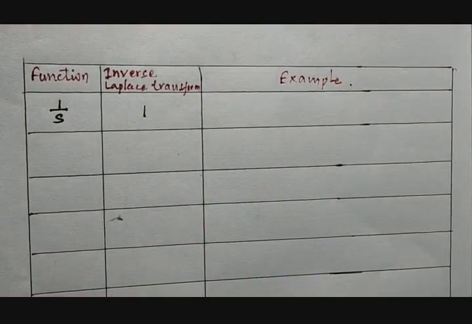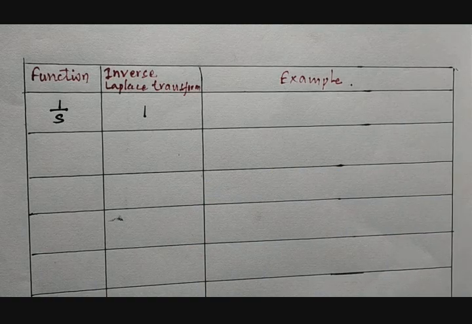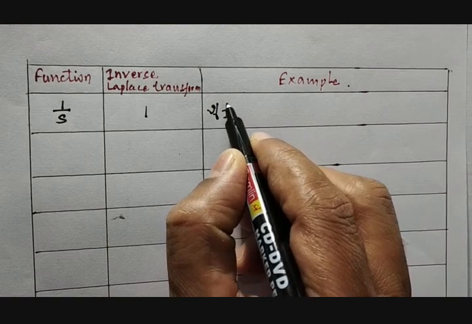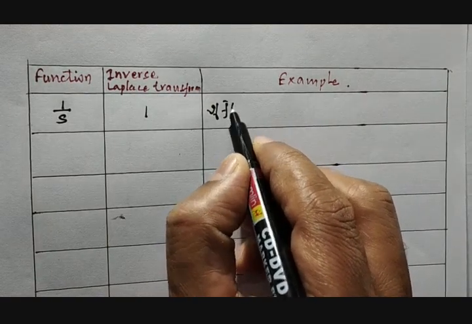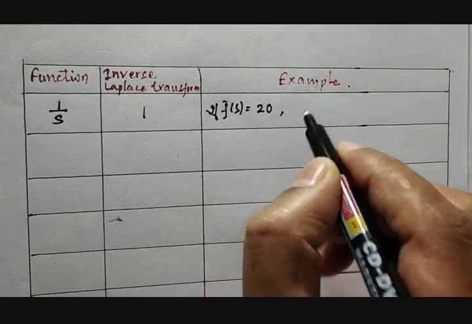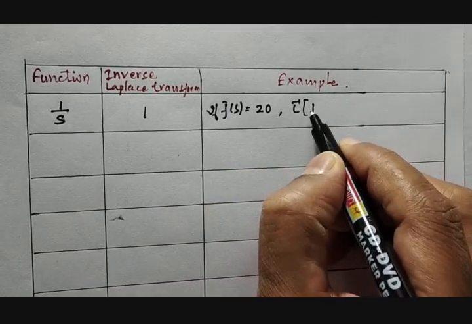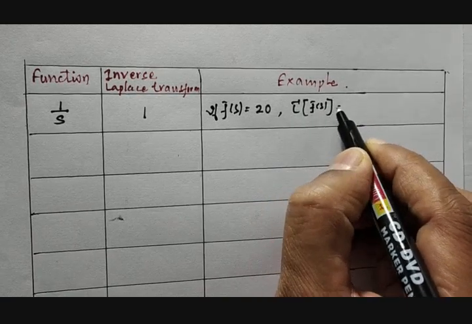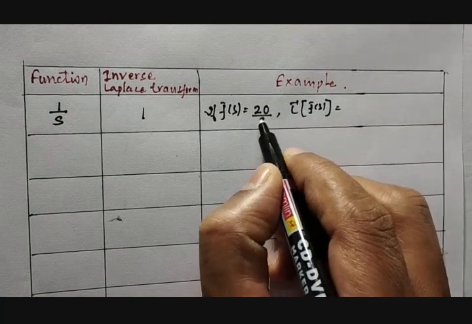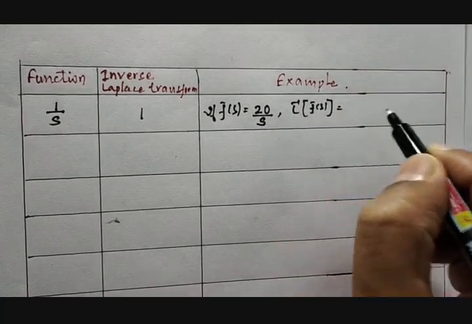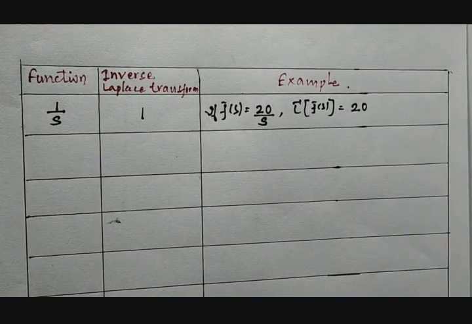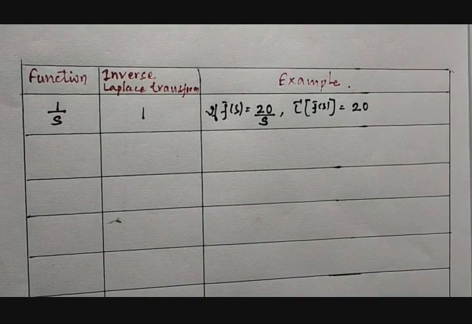For example, if f bar of s is equal to 20 divided by s, then the Laplace inverse of f bar of s will be equal to 20. Fine. So this is called the Laplace inverse transformation.